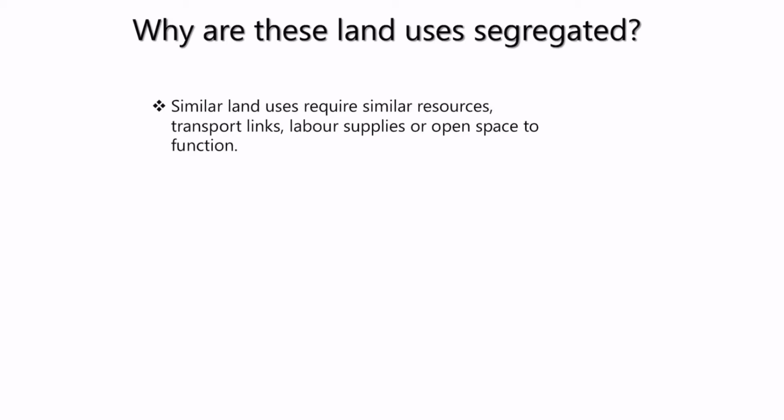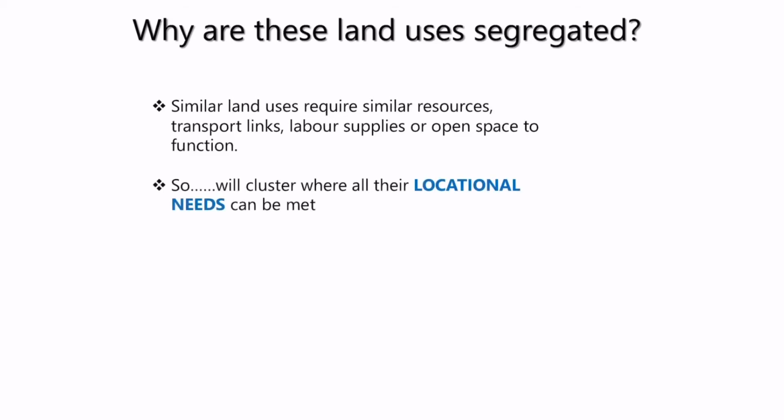So similar land uses will require the same resources, the same transport links, the same kind of labour supplies or open space. So where all of those seem to congregate, then that land use will congregate because all of their locational needs are met.